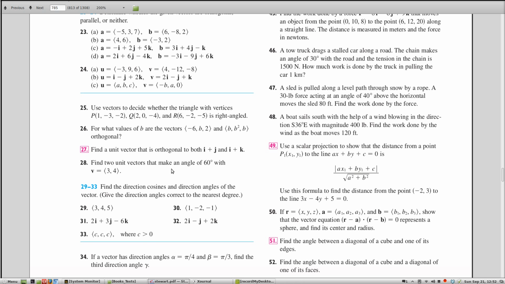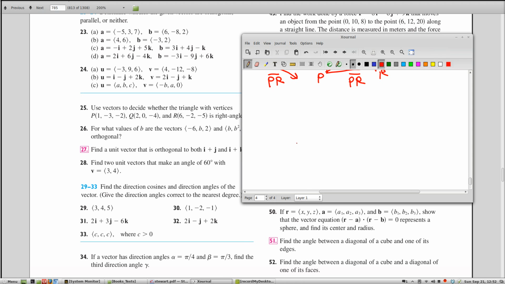Find 2 unit vectors that make an angle of 60 degrees with this. That's a good exercise. So let's do that. Let's try to draw a picture here, and I'll give you some straight lines. And let's look at 3, 4.